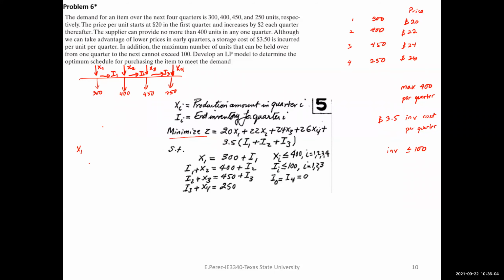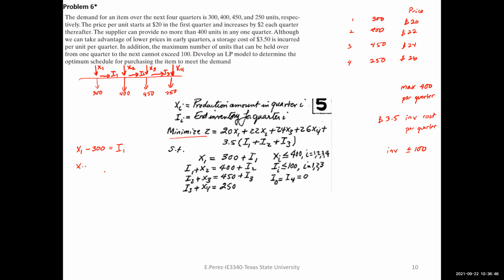So X1 is what I'm producing minus the 300 has to be equal to what I'm going to carry on inventory. So whatever I'm producing minus the things that I'm going to sell, well, the difference will be equal to the inventory, right? And then you follow the same process for each one of the constraints.